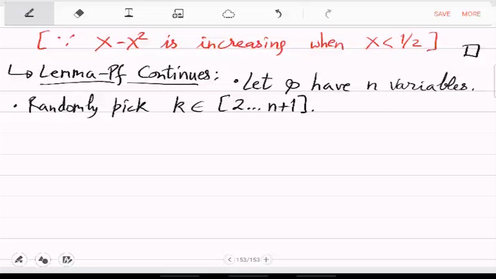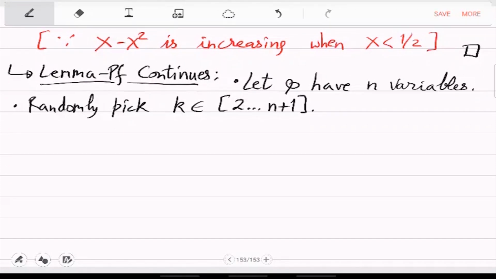Well, because we need property 3, in property 3 we need S to be at least 2 raised to k minus 2, and we know that in the case of phi S is at least 1. So we can start with k equal to 2 and go up to n plus 1, because we don't know how many satisfying assignments there are, right? So just guess it or pick it randomly.